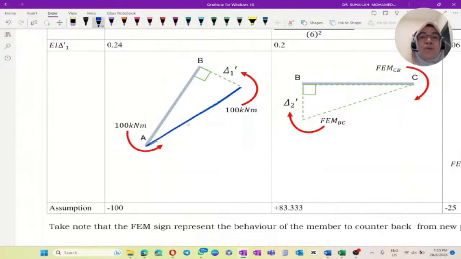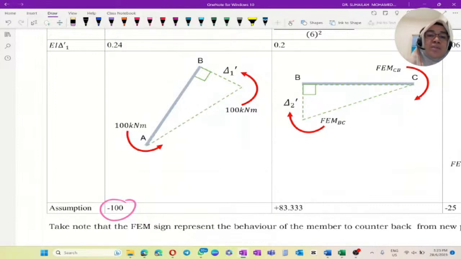The original is AB, and due to side sway, the column moves to the right direction, and the FEM will counter back. The counter back moment occurs in the counterclockwise direction. That is why the value is negative 100.